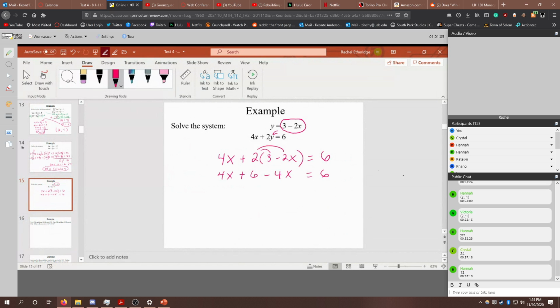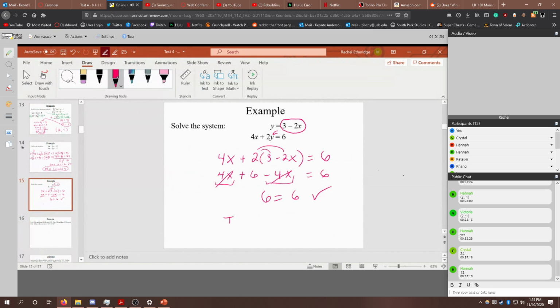So once I distribute it, I get 6 minus 4x there. So 4x minus 4x, that's 0. So I have 6 equals 6. I don't have to finish. I don't have to make them zeros. 6 does equal 6. So no matter what x, y ordered pair you plug in, you're going to get a solution for both of those.